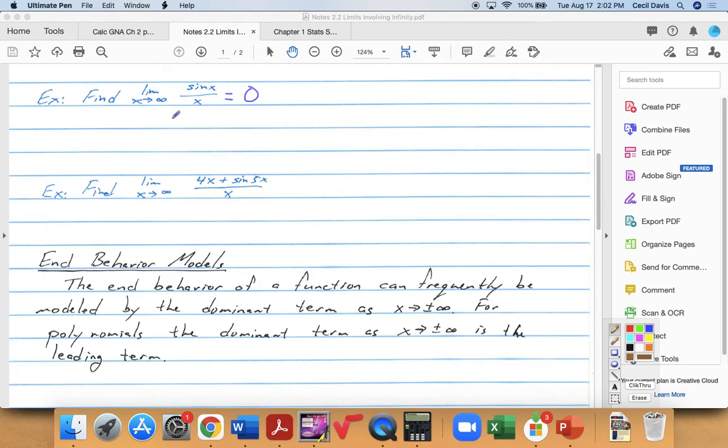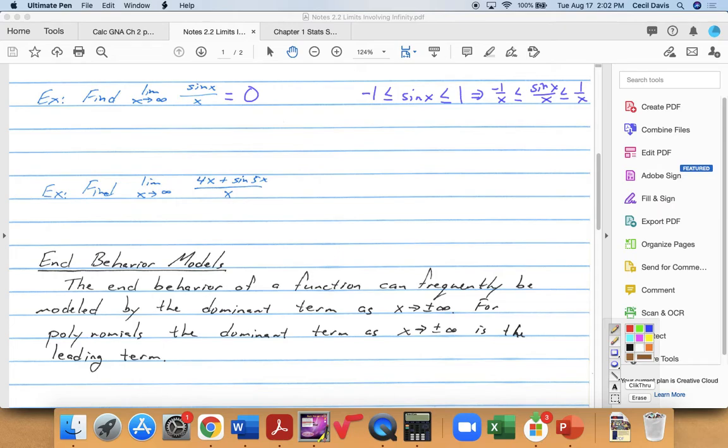You can go, all right, I know that negative 1 is less than or equal to sine of x is less than or equal to 1, right? And therefore, negative 1 over x is less than or equal to sine of x over x is less than or equal to 1 over x. You agree with that also?